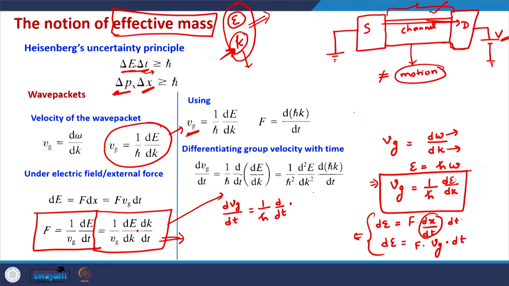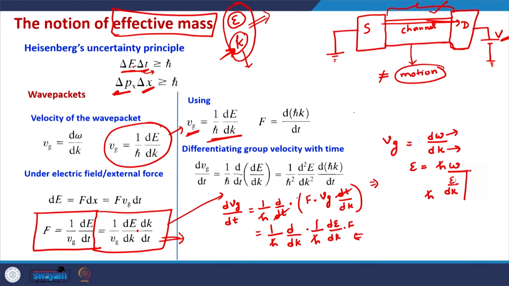This dE by dk can be written as f times Vg, and Vg we write as dE by dk, dt and dt goes away, 1 by h bar d by dk, by writing Vg as 1 by h bar dE by dk times f.